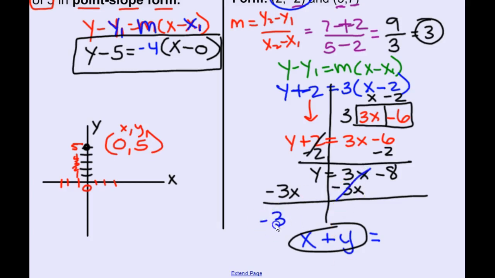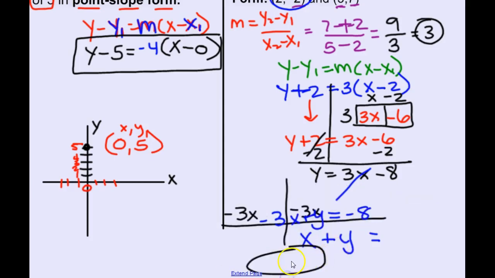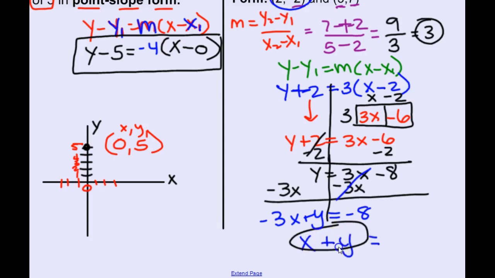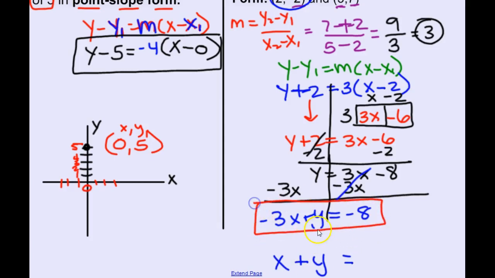So we have a -3x plus y equal to -8. Oopsies, undo. So our answer, we have all the x's on the same side and the y's on the same side. And that is our answer. -3x plus y equal to a -8.